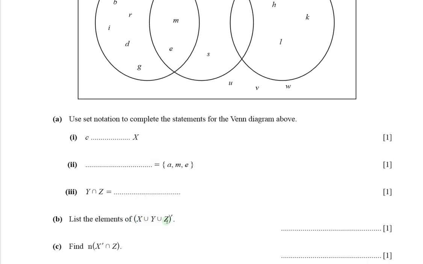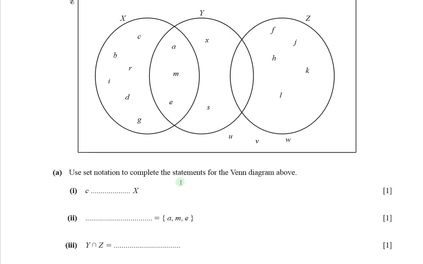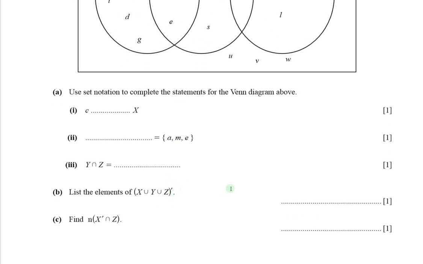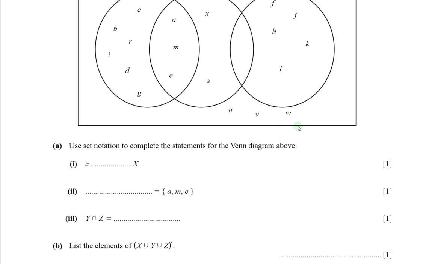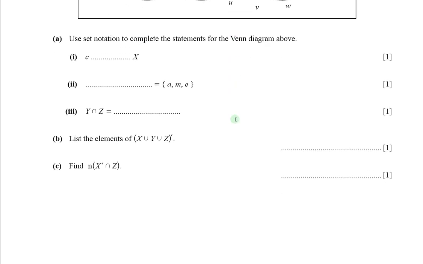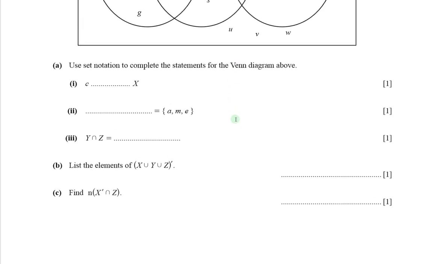X union Y union Z is whatever is inside the 3 circles, and then you put a complement above it, that means whatever is outside the circles. You have 3 elements outside here, u, v, w. So if you are asked to list the elements outside the union of these 3, the answer would be u, v, w.